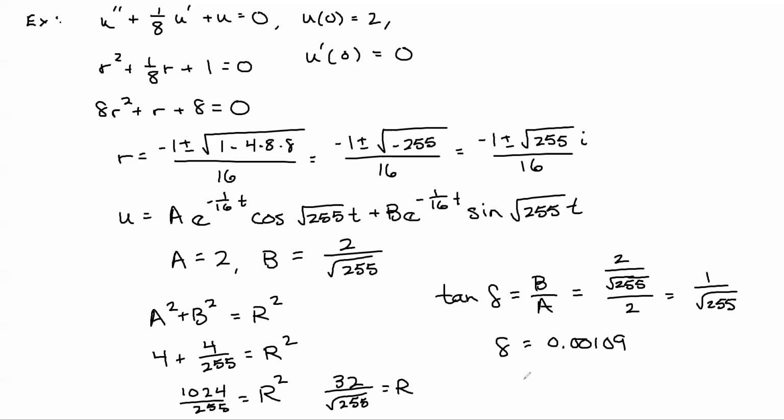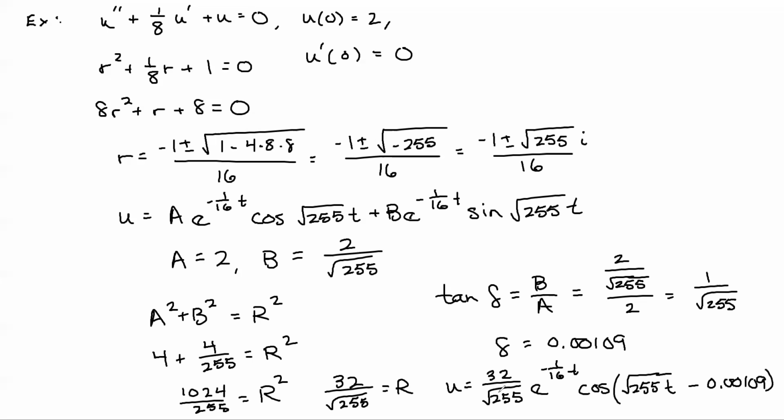Okay, so the last step here, we can go through and rewrite this. So this is going to be u equals 32 over root 255 e to the negative 1/16 t cosine of root 255 t minus delta.